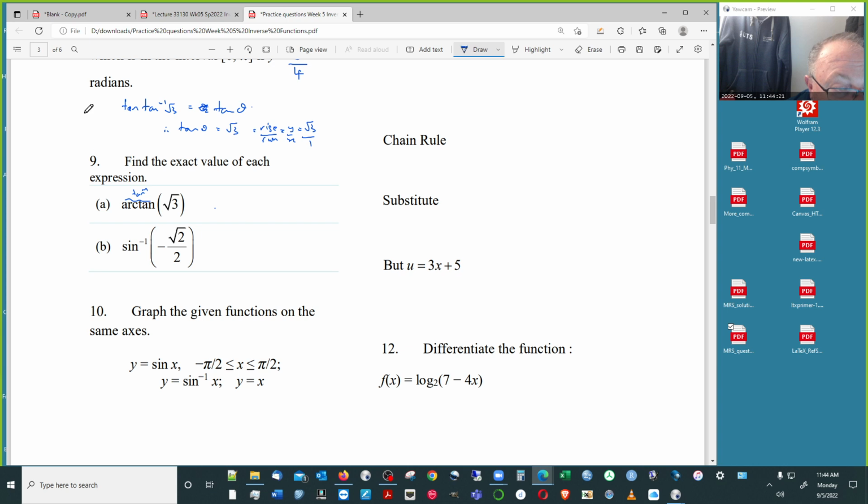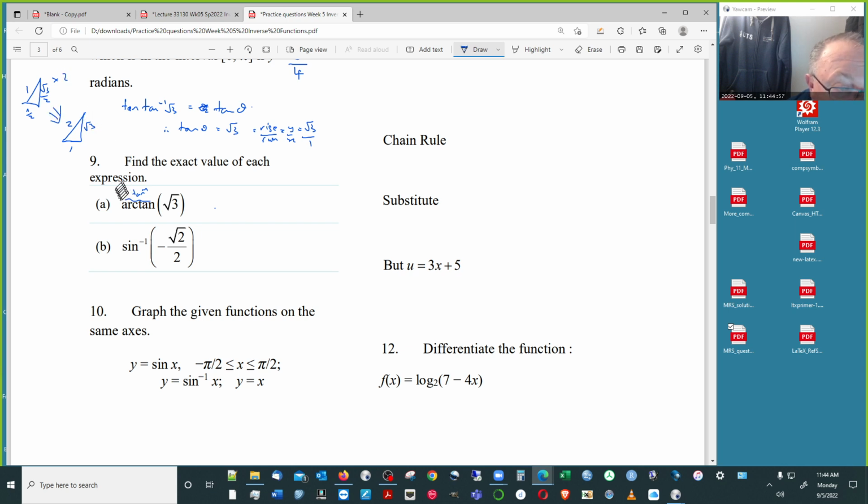So if we draw a little triangle and y is root 3 and x is 1, this goes back to a scaled version. If you do this one, you're supposed to recognize that if you times that by 2, you'll get that one.